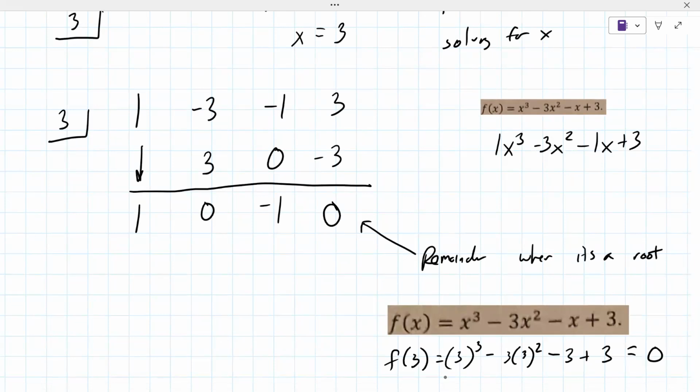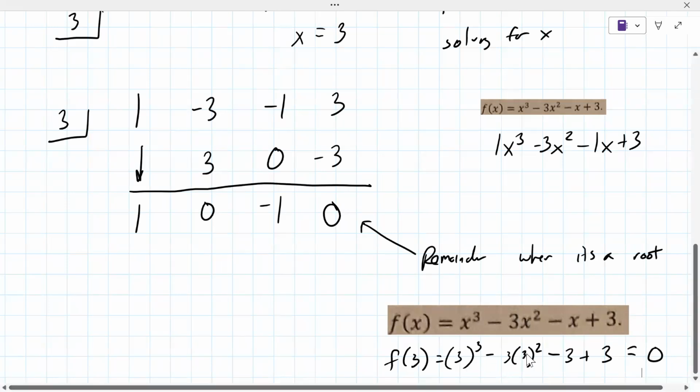So 27 minus 9 times 3, which is 27. 27 minus 27 is 0, minus 3 plus 3, 0. Okay, yeah, I get that. Minus 3 plus 3, and that would also be 0.